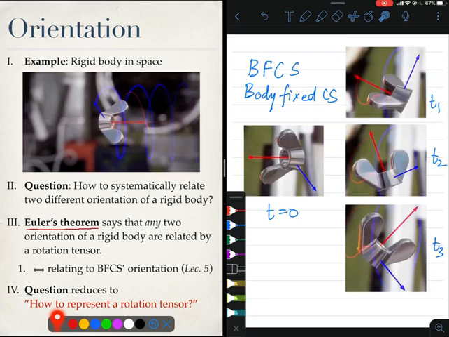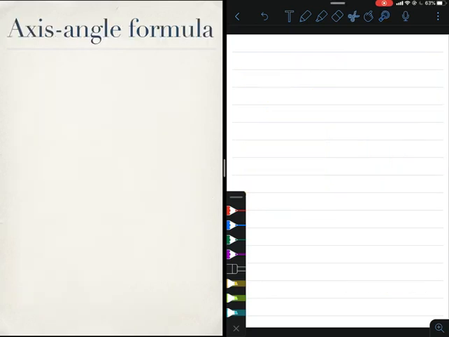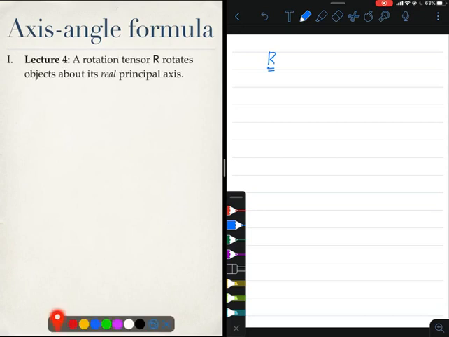Okay, so that's how we are going to do this. So let's move on. So the first representation of a rotation tensor, call it R, is given by the so-called axis angle formula. So what is that? So back in lecture 4 we learned that a rotation tensor rotates objects about its real principal axis.